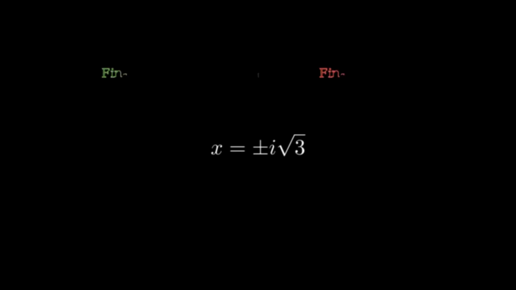The plus-minus symbol indicates that we actually have two separate solutions to our quadratic equation. Let's split this expression into these two distinct answers. For our first solution, x equals i times the square root of 3, which we've highlighted in green. This is what we get when we take the positive option from our plus-minus expression.